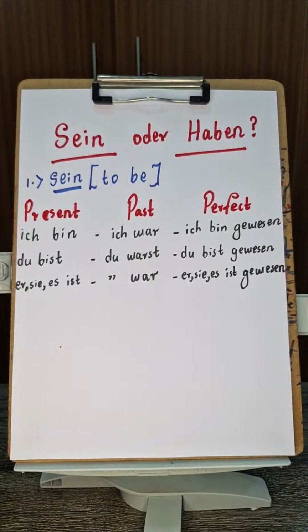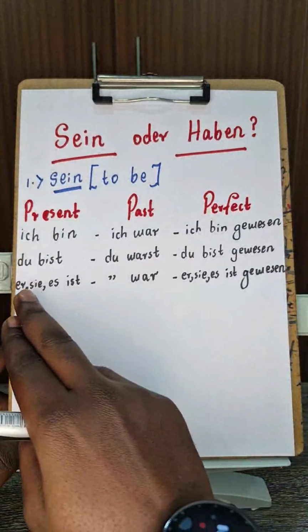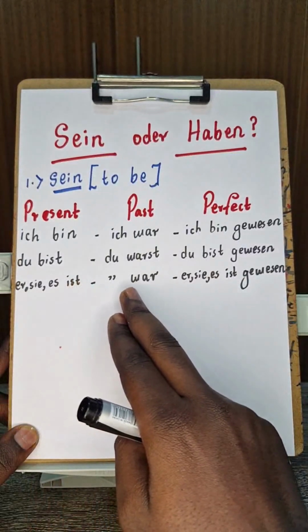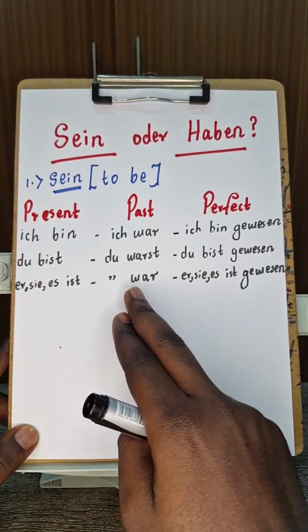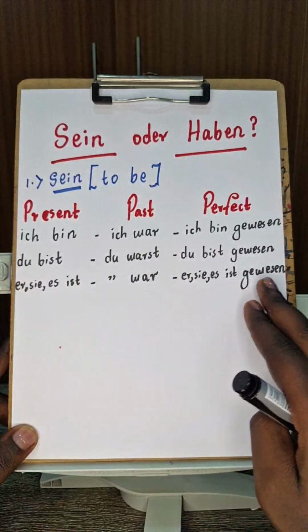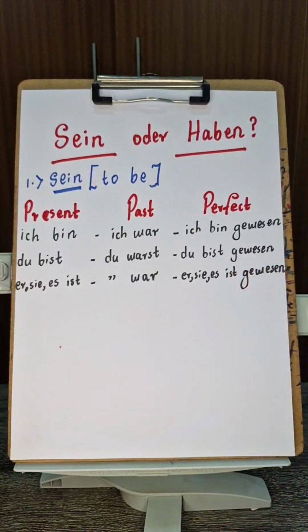I would recommend that as you copy them down, please write the meanings in brackets for revision later on. So er, sie, es ist, he, she, it is. Er, sie, es war, he, she, it was. And er, sie, es ist gewesen, he, she, it has been.